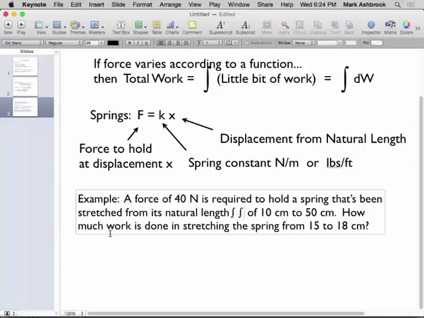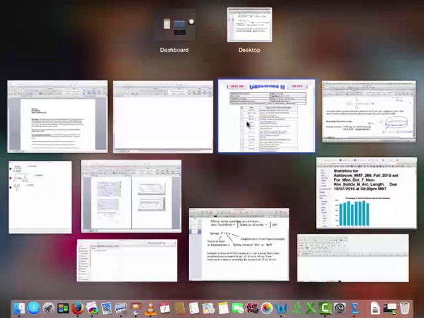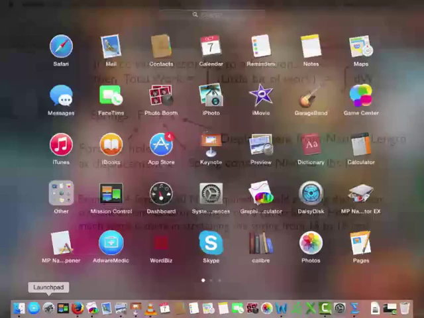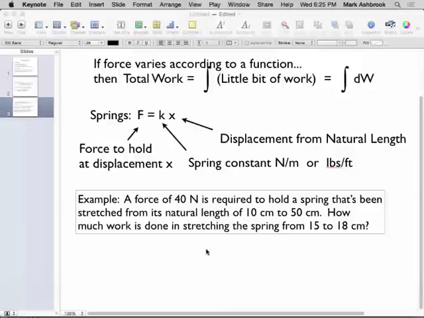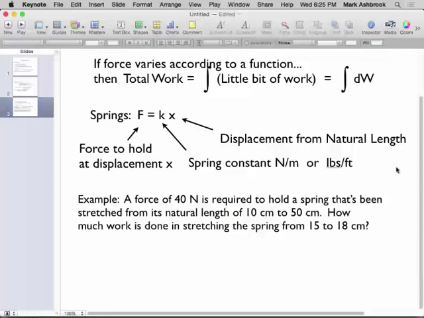So we know the relationship is F equals kx, and 40 is required to stretch the spring what amount of displacement? 40 centimeters, if I wrote it down right.